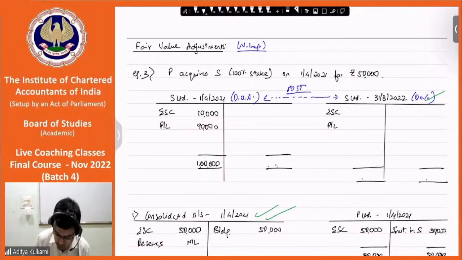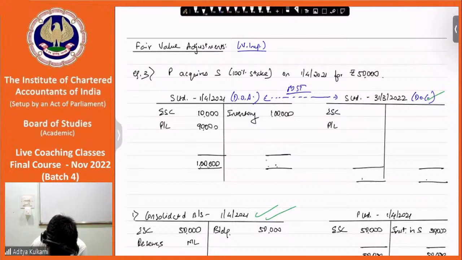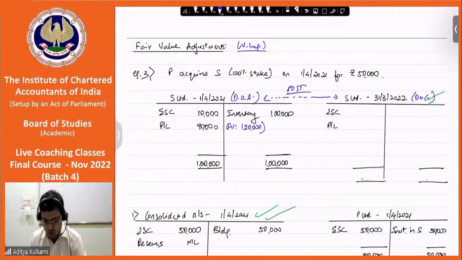So this comes to 1 lakh. On the asset side, I will be having inventory of 1 lakh. This is fair value 1,20,000.